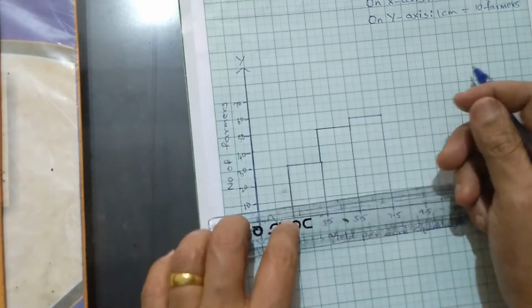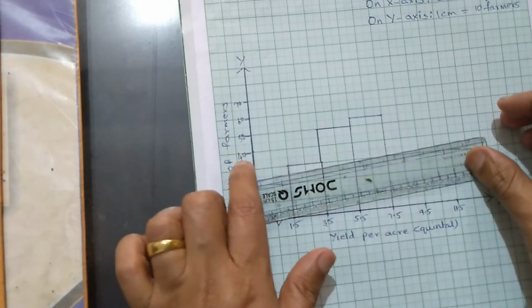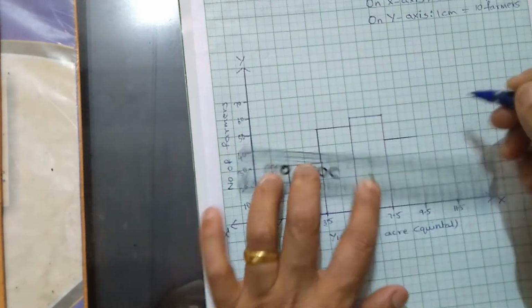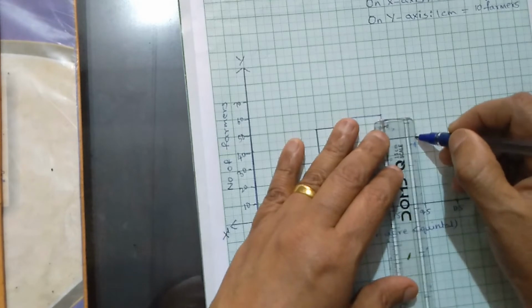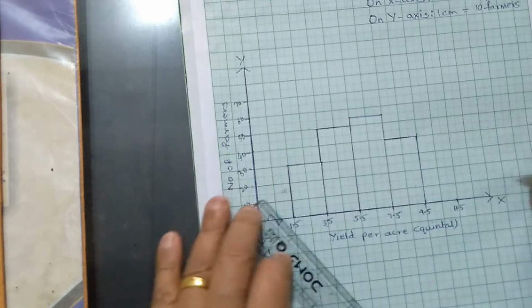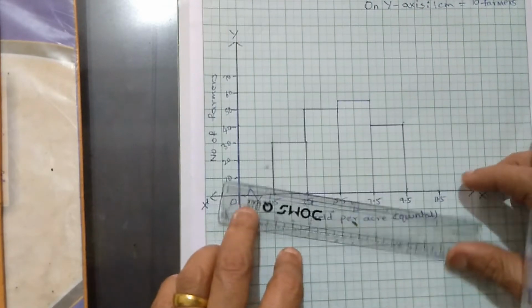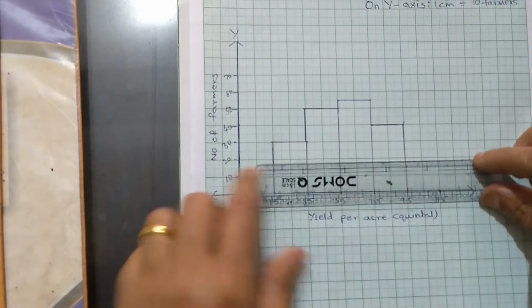Next is 40. So 40 is here. This is 40. So 40 farmers. Next is 20. So you will take 20. That is here.